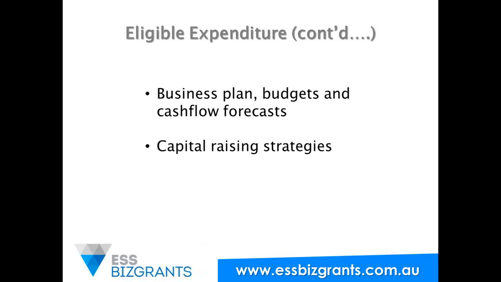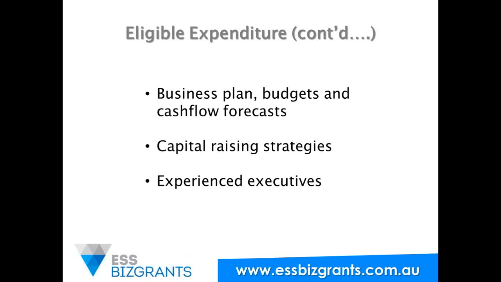The other expenditure that's able to be claimed is capital raising strategy expenses, so determining how much money would be desirable for the business to raise from investors, business angels or venture capital funds. The costs of that advisor in determining a capital raising strategy can be included.